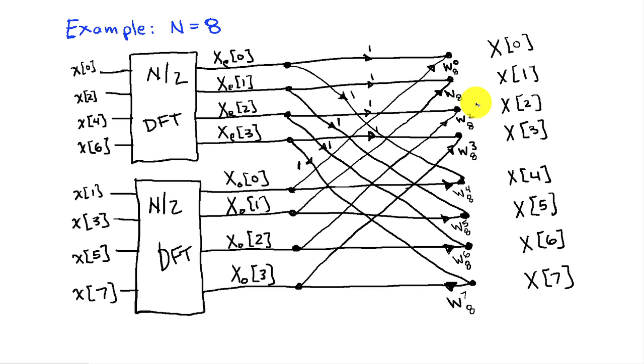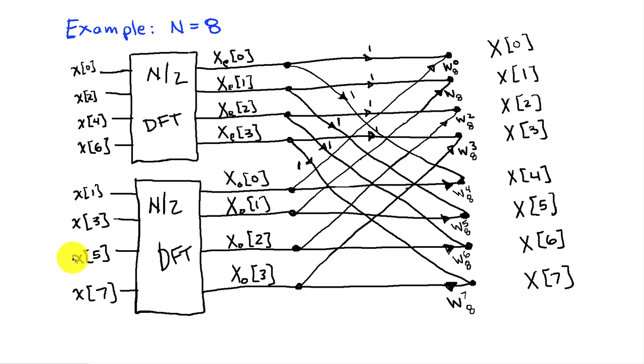point DFT. So here we've sketched a block diagram of this splitting process for the case when the order capital N is equal to 8. In the upper portion here, I've gathered the even samples, x0, x2, x4, and x6, and those go through an N over 2 point DFT, which in this case would be a 4-point DFT, to produce the DFT coefficients associated with those even index terms.